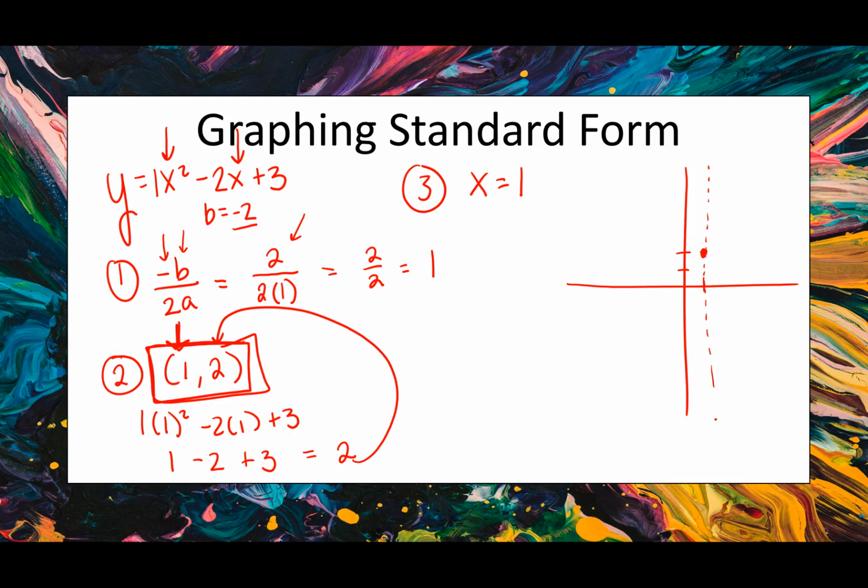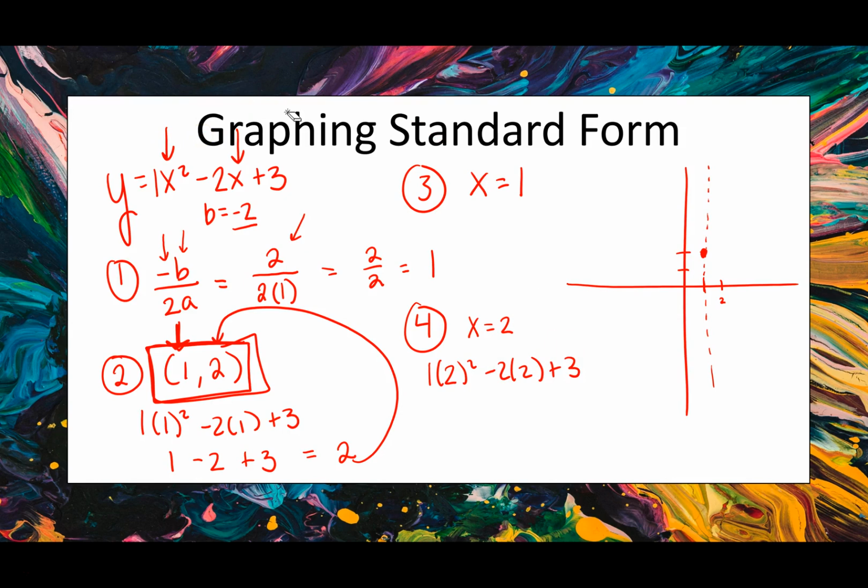Now my step 4 is going to be to find a point that's close to it. I'm going to choose, well, if this is 1, I'll choose 2. So plugging in x equals 2, I'm going to get 1 times 2 squared minus 2 times 2 plus 3. I'm just plugging in 2 everywhere I see an x, right? And that's 2 places.